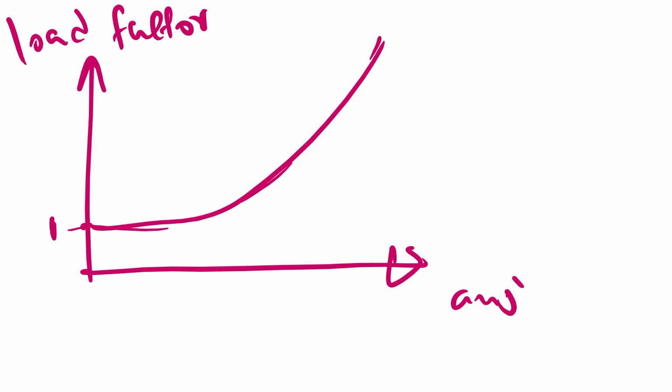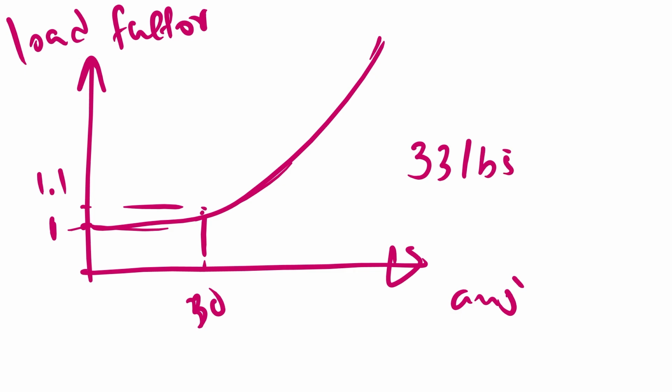Say we have an angle of 30 degrees and we need to find the loading factor. Let's say it's 1.1 at 30 degrees. So say that the aircraft has some load, let's say 33 pounds (lb). Then at 30 degrees you need to multiply 33 by 1.1 to get the loading, because now it's at an angle of 30 degrees.